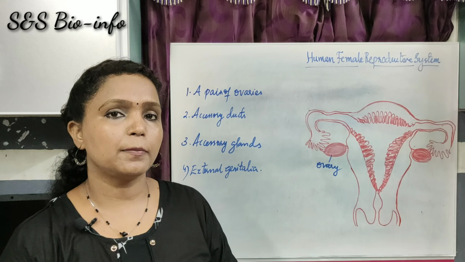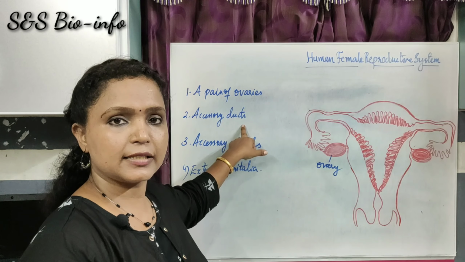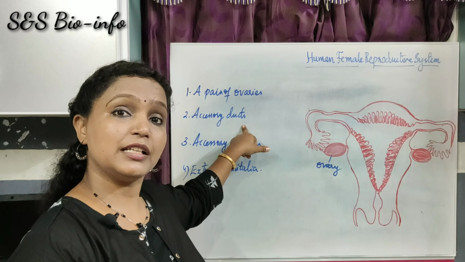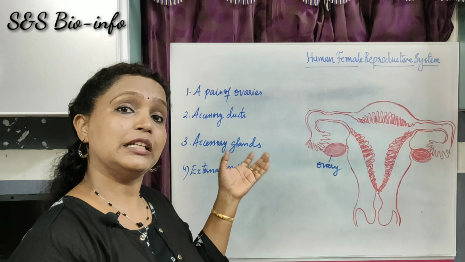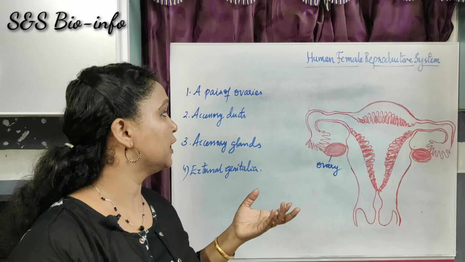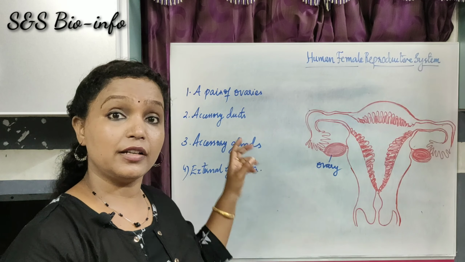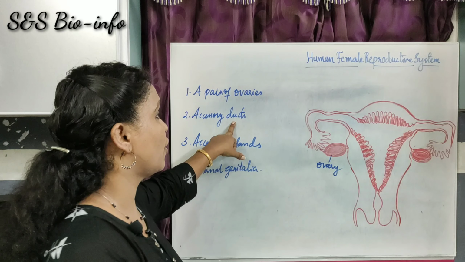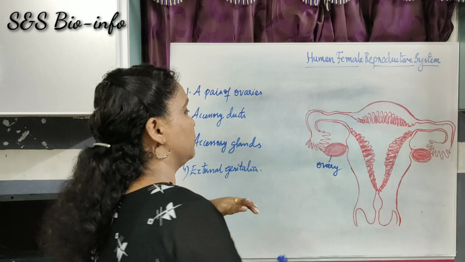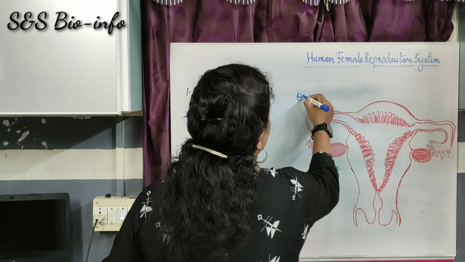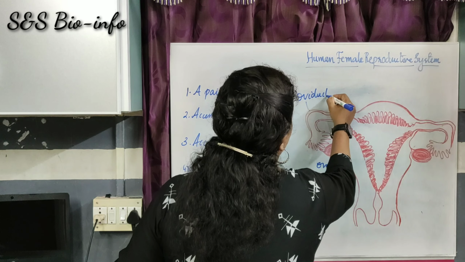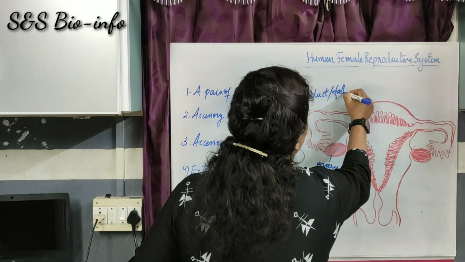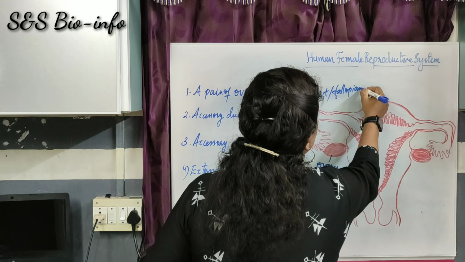The next major part is accessory ducts. Accessory ducts are the tubular or transportation part for the female gamete. That's why they are known as accessory ducts. The accessory ducts consist of the oviduct or fallopian tube.